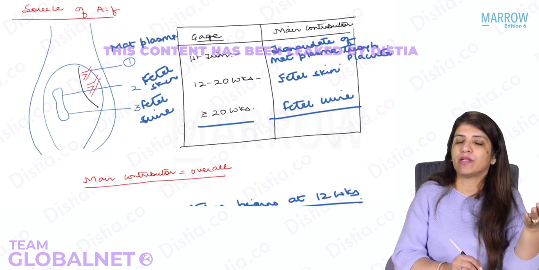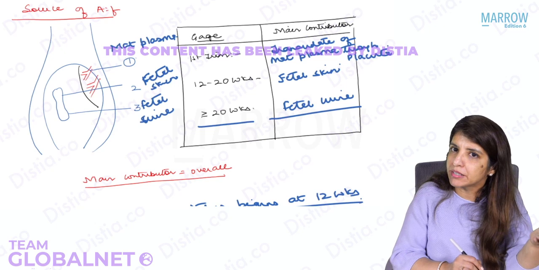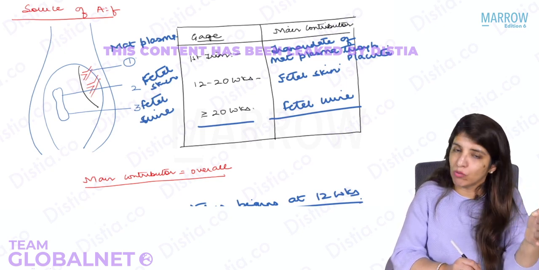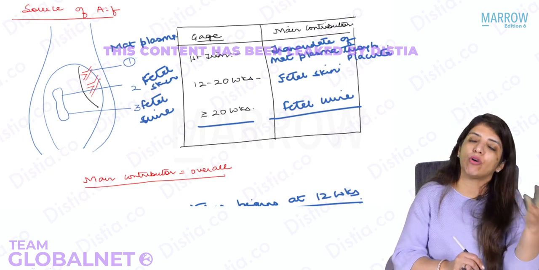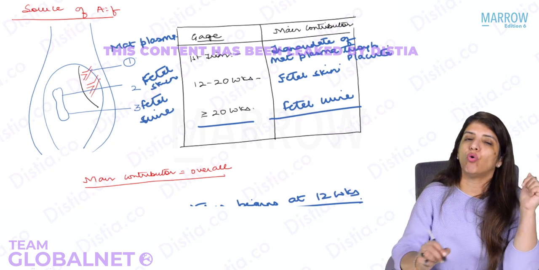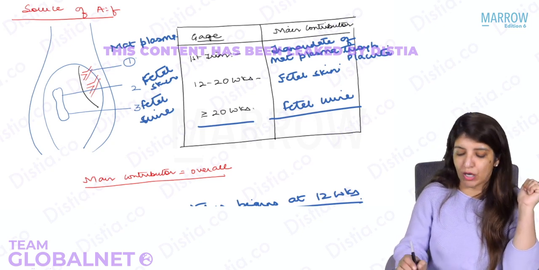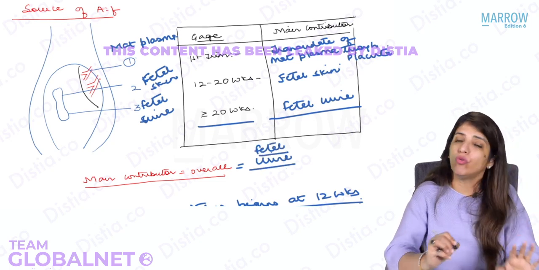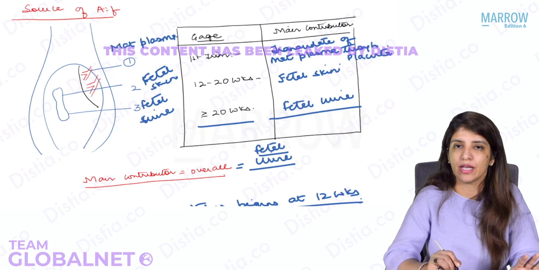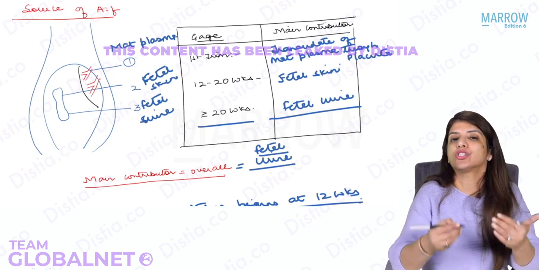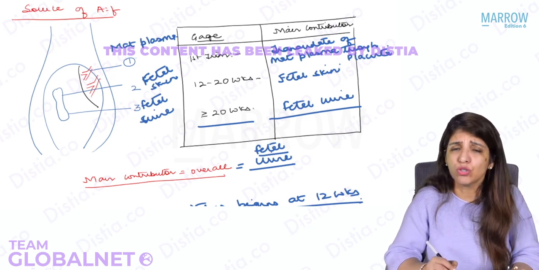In first trimester, it is an ultrafiltrate from maternal plasma. Between 12 weeks to 20 weeks, it is fetal skin who's the main contributor. And then beyond 20 weeks, it's fetal urine. Now, if they simply ask you overall who's the main contributor for amniotic fluid, then overall, fetal urine is the main contributor. Overall, it's fetal urine undoubtedly. But fetal urine is never the contributor in first trimester. Clear to all of you?